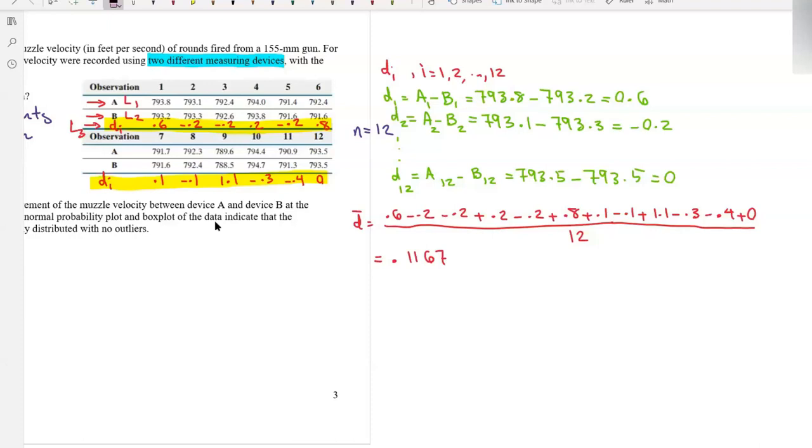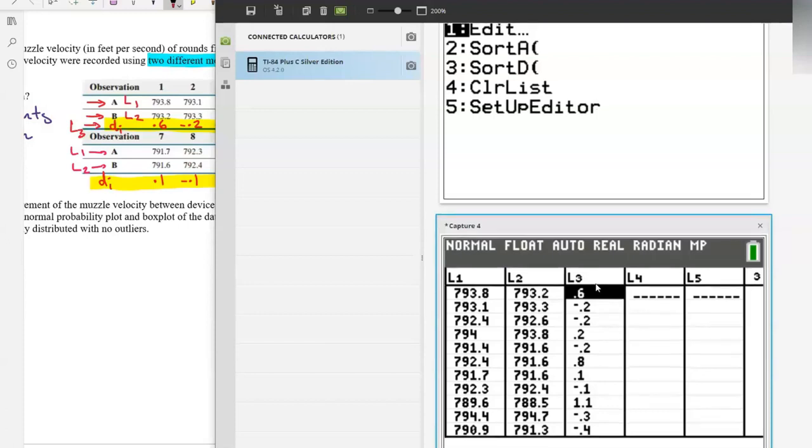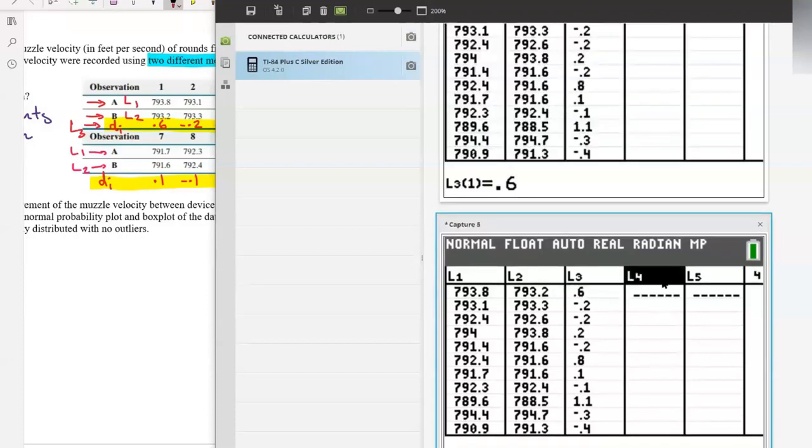All these for A go into L1. And then B is for L2. And after that, for L3, I highlighted L3, and then I use second 1 minus second 2, meaning that I have L1 minus L2. I got these, so you have to highlight like that.